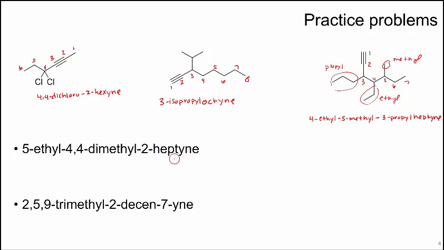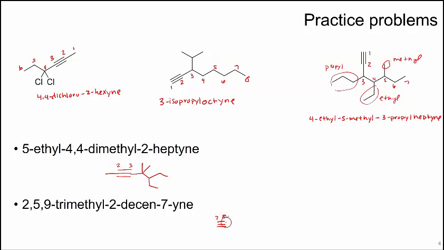So when you're drawing alkynes, I like to start with the triple bond so I know where my angles are going from. So here's my triple bond. It starts at 2, so I have 1 on the other side. This is 3, so 1, 2, 3, 4, 5, 6, 7. At 2 here, 4,4-dimethyl, and 5-ethyl.